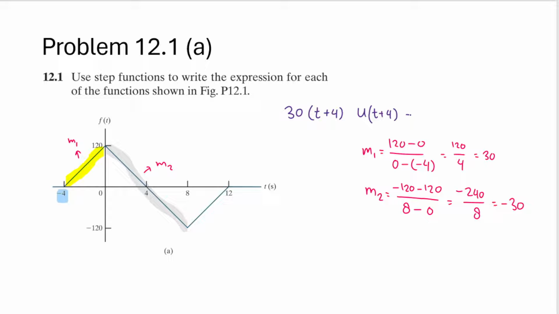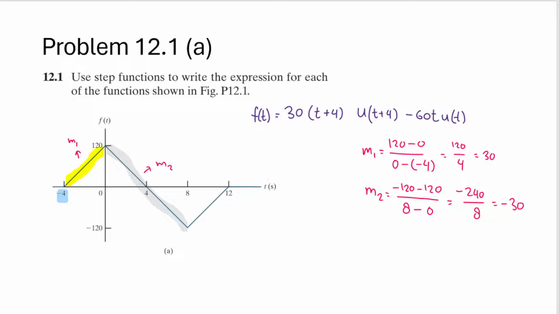So I will have minus 60. And remember that we will have t here, because this is exactly at 0. We don't need to subtract anything, and u(t), because it starts at 0. So this will be the second term of our equation.